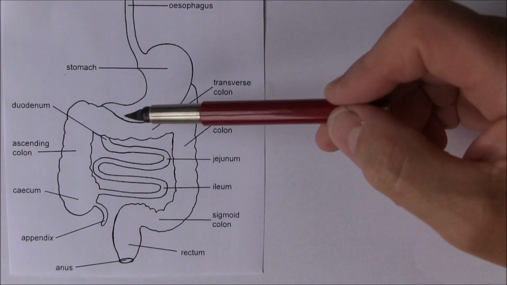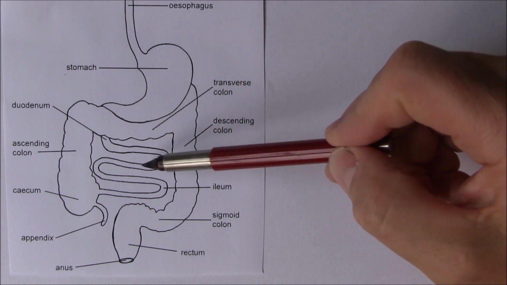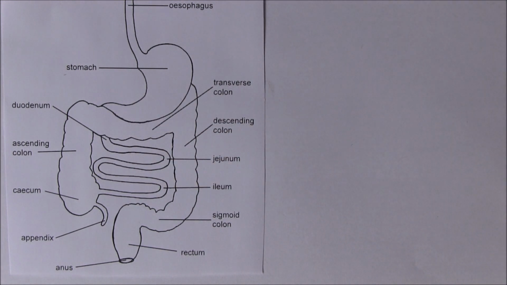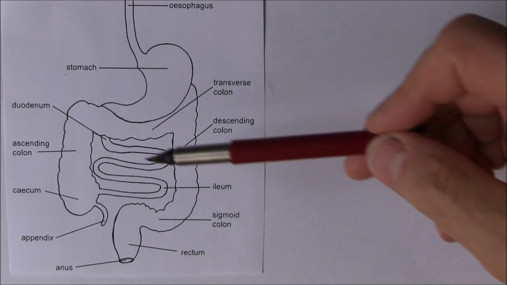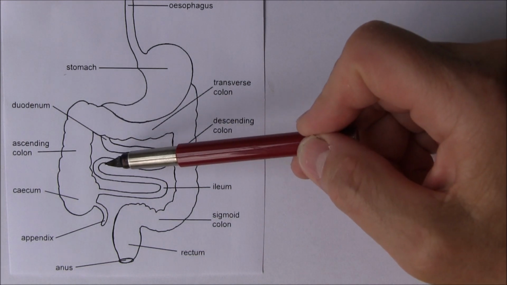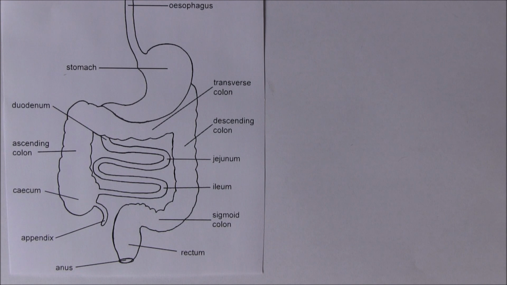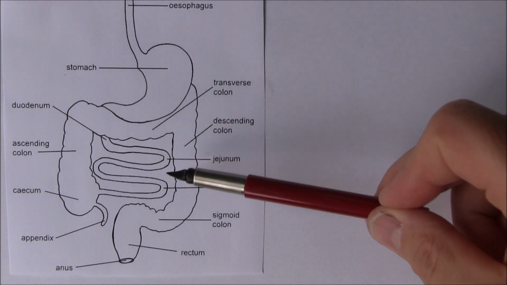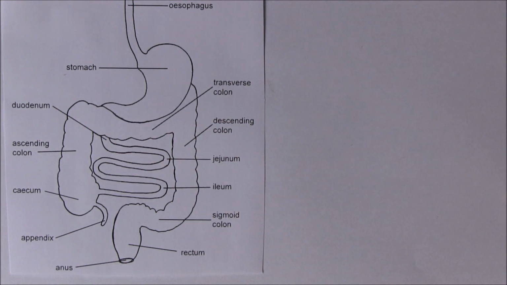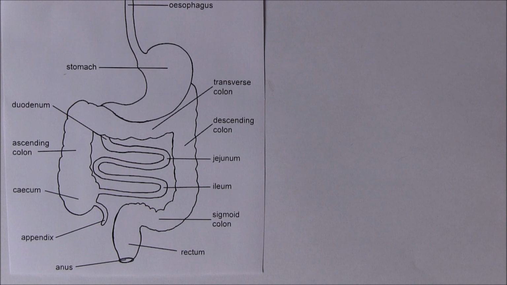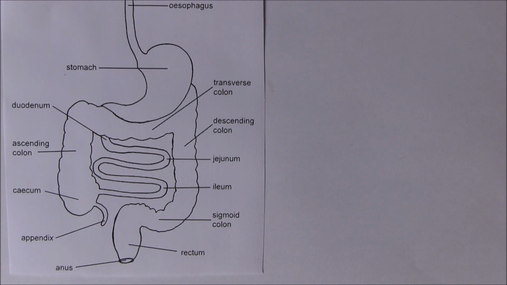Now, the length of the small intestine varies a fair bit between individuals. Studies have shown it's between 3 and 8.5 metres in length, with the average being round about 5 metres. Now, you may well see longer figures quoted in the textbooks, and that's because the textbooks are based on old data taken from post-mortem studies.